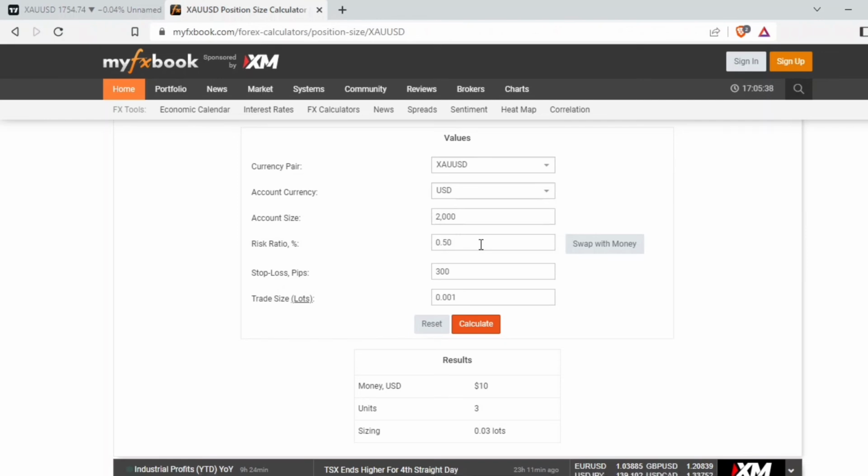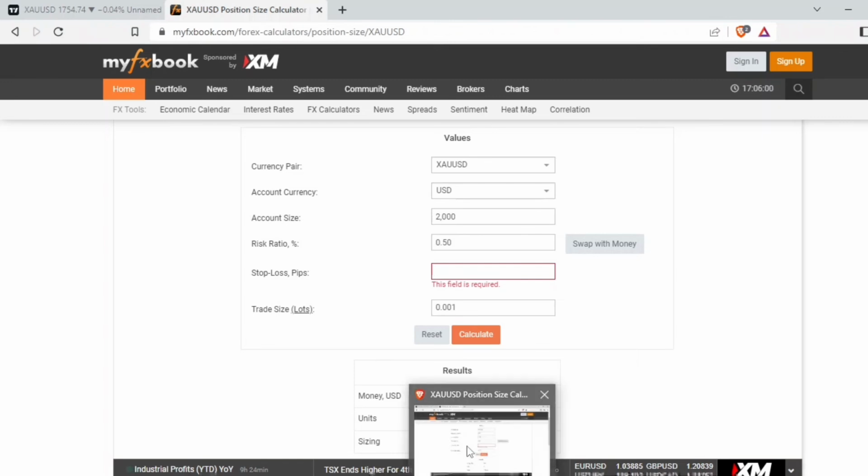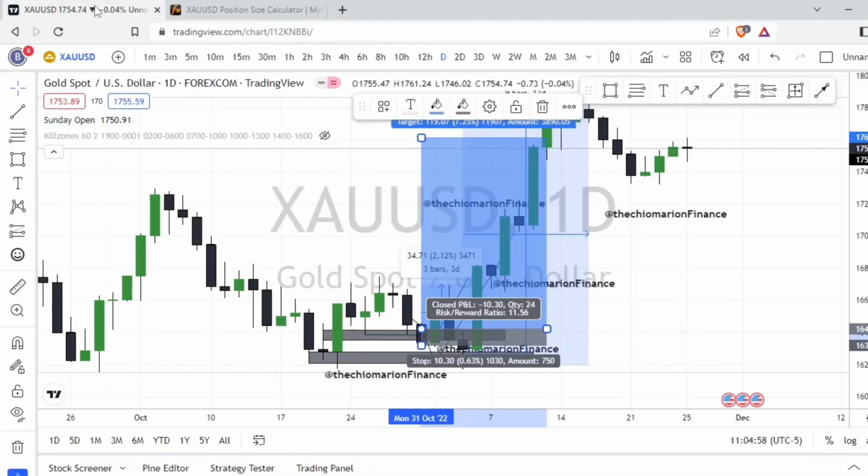I want to know what lot size I'm going to be using on this particular trade. That's the reason we're using this FX calculator. I'm going to go back to the chart, and I'm going to be using 1030.